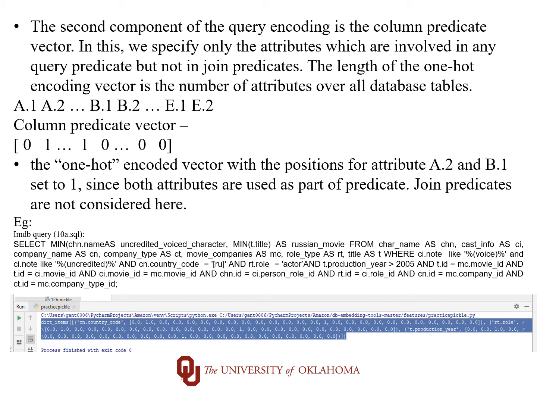Here, the one-hot encoded vector has the positions for attributes A.2 and B.1 set to 1, since both attributes are used as part of a predicate. And make sure that join predicates are not considered here. For one of the queries we used in our database, that is 10a.sql, we have generated the encoded vector. The following figure shows the encoded vector for that query.